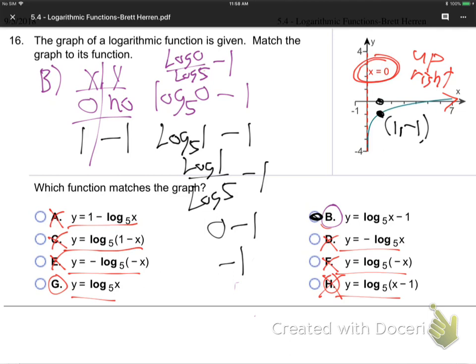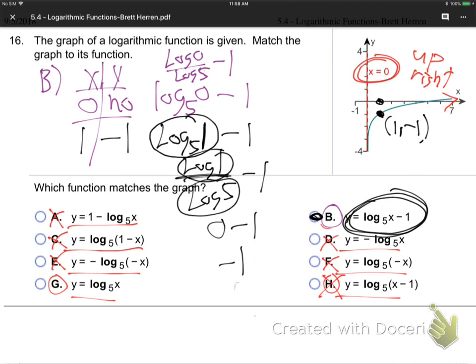Everybody okay with how I made the table value? That's why I showed you earlier about the double log thing, because I wanted you to be able to do it when we were making tables. So I took the B function and plugged in a 1 here. To work this out, I let the top go top and the bottom go bottom with a bar between them and hit the buttons on my calculator.